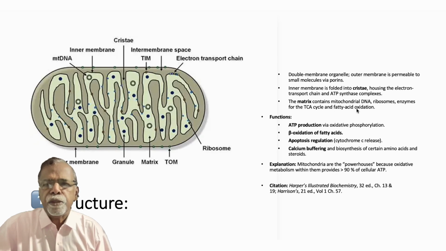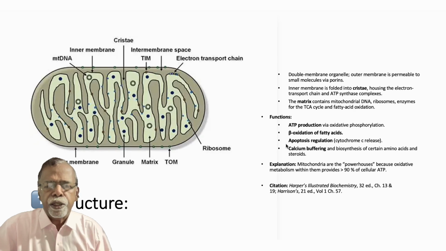The matrix contains mitochondrial DNA, ribosomes, and enzymes for the TCA cycle and fatty acid oxidation. The main functions are ATP production, beta oxidation of fatty acids, apoptosis regulation by release of enzymes like cytochrome c, and calcium buffering.